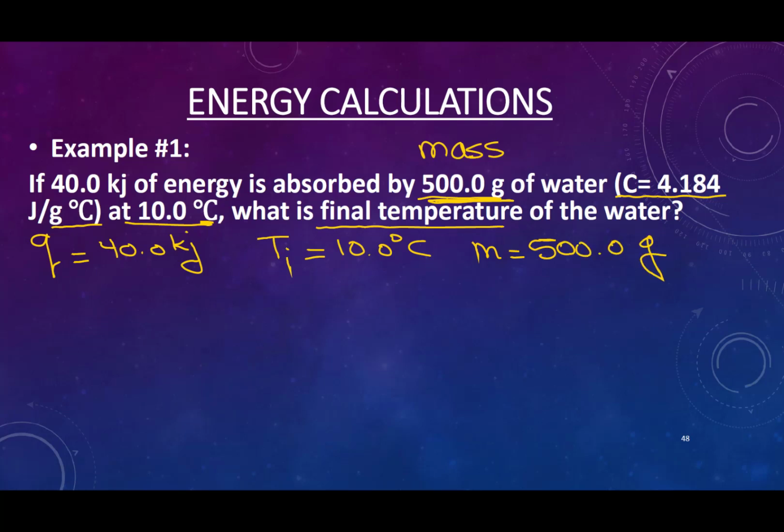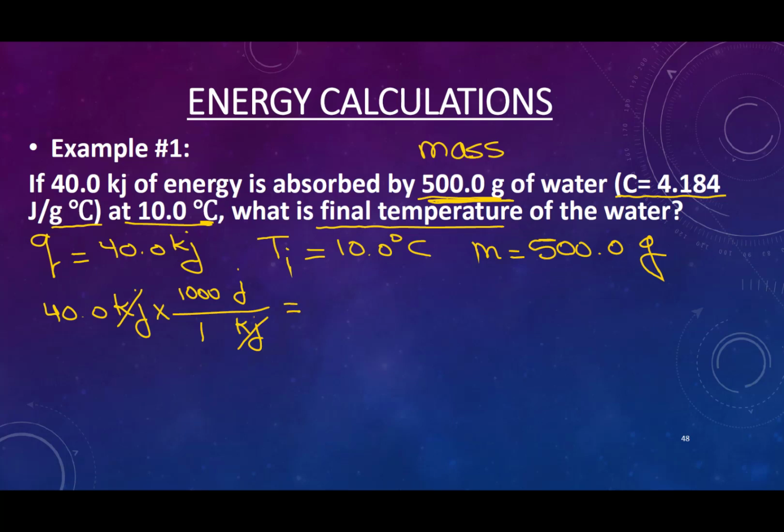The only one that doesn't match is the energy, or the heat, which is in kilojoules. You have to convert it to joules. We're going to set up the conversion so that the kilojoule cancels out and you end up with joules. 1 kilojoule is 1000 joules. I set up my equation so that the kilojoule cancels out.